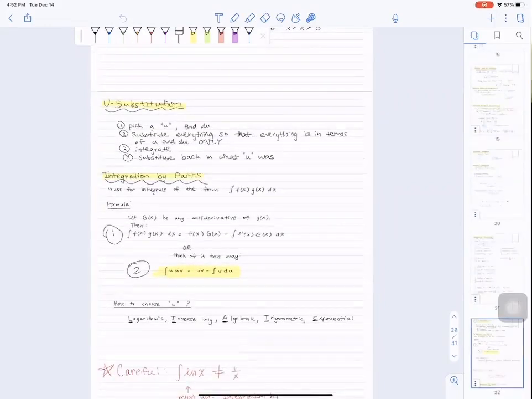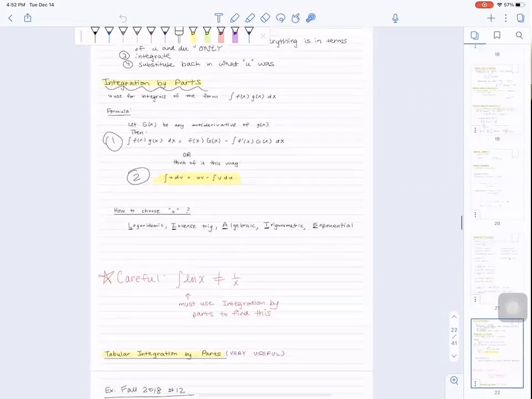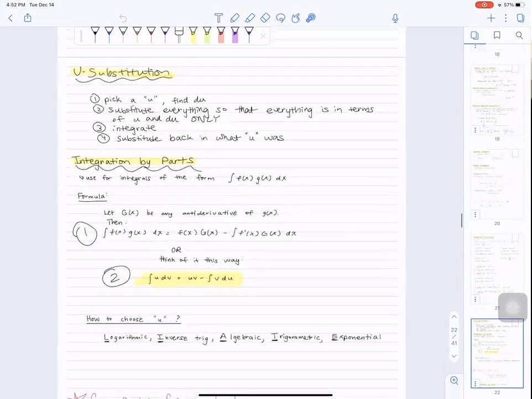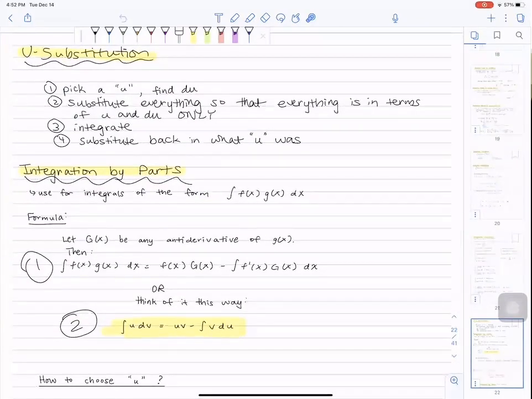Integration techniques: be comfortable with u-substitution, integration by parts, and sometimes tabular integration is also very helpful. For u-substitution, the idea always is that you're going to pick some u. What will u be?